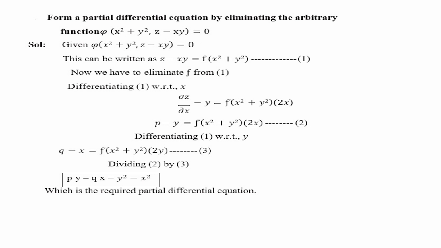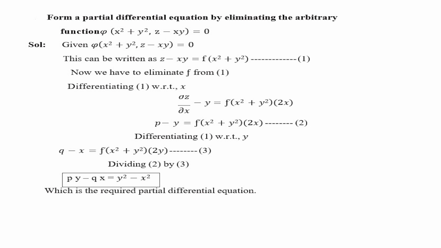Similarly, you differentiate equation number 1 with respect to y. That is ∂z/∂y minus x equal to f dash of x square plus y square into 2y. ∂z/∂y is equal to q. So q minus x equal to f dash of x square plus y square into 2y. Divide equation number 2 by 3.